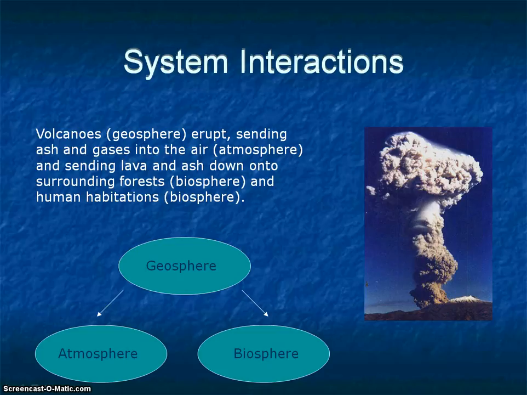This is where, as these plates move and these volcanoes form, you can have the release of pressure and gases. A lot of sulfuric acid could be pumped up to the atmosphere during this time, and you get the interaction between the geosphere and the atmosphere as a result of this. This also can have an effect on the surrounding biosphere, or the plants and animals within this area.